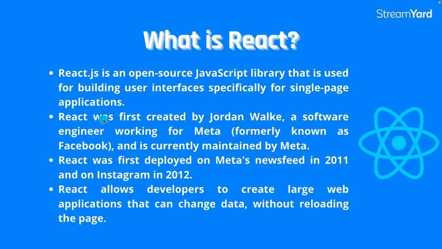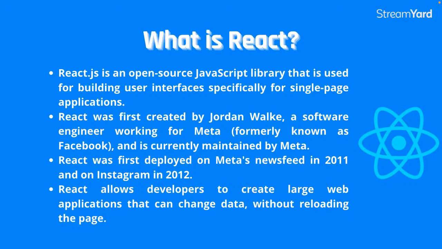Coming to the history of React. React was first created by Jordan Walke, who was a software engineer at Meta, formerly known as Facebook, and the React.js project is also currently maintained by software developers at Meta.